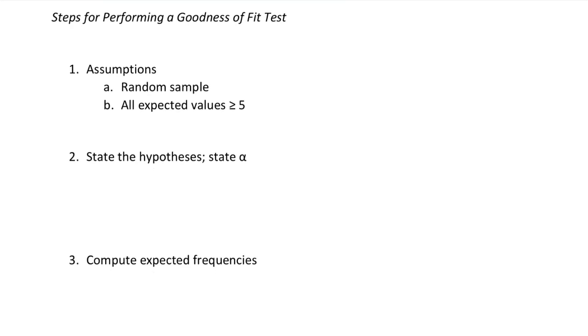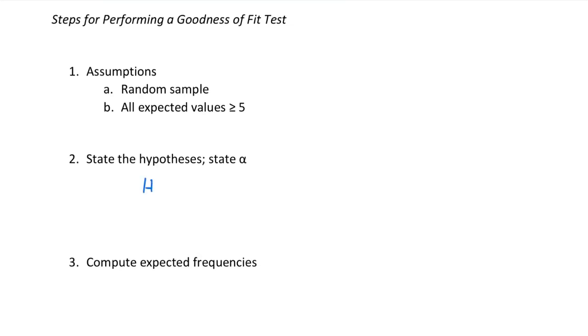Then you state your hypothesis. Again, as before, we have a null and we have an alternative. Now, typically in the past, when we've looked at the 1 sample, 2 sample test, we would have some kind of a singular value, and we might say that the mean is equal to 27, and the alternative is greater than 27 or less than 27, something like that.